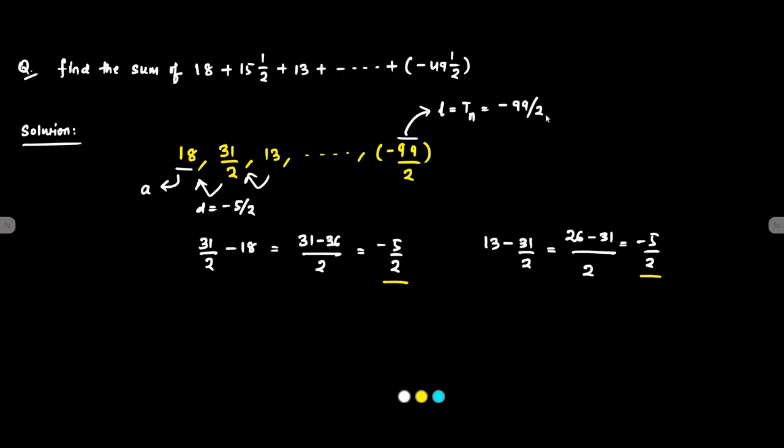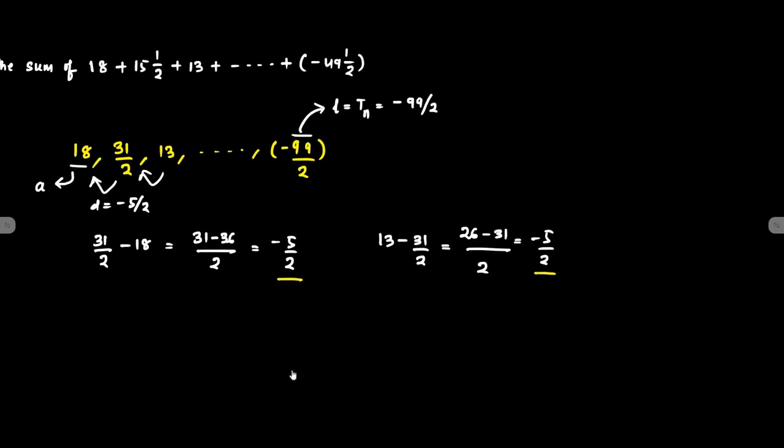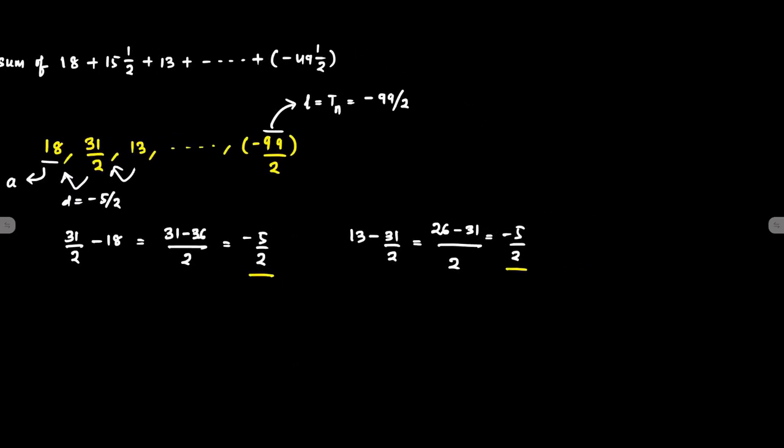Now if we want to determine the sum of the n terms of an AP, then we have to use one of the formulas. The formula which is appropriate here is Sn is equal to n by 2 into a plus L, where a is the first term, L is the last term, and n is the number of terms in the AP.